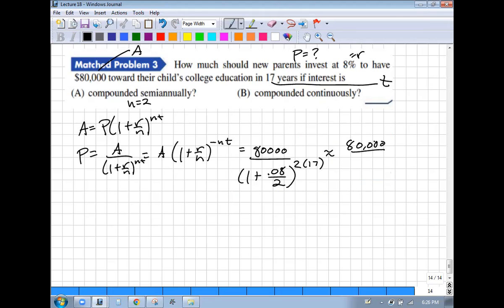So I do 0.08 divide by 2, add 1 to the power of 34. And this is right, 3.794316 and so on. So now I can type in 80,000 and divide by 3.794316.